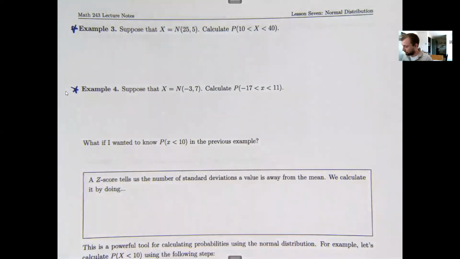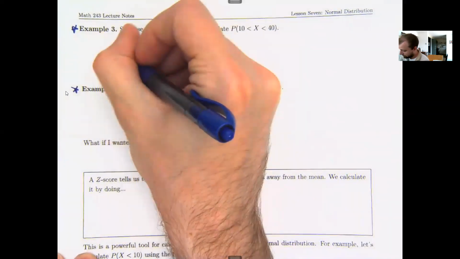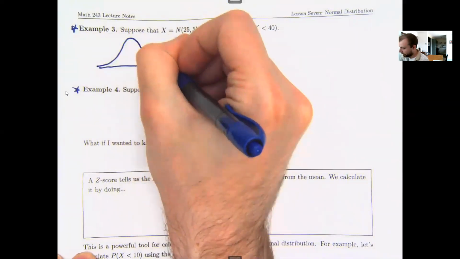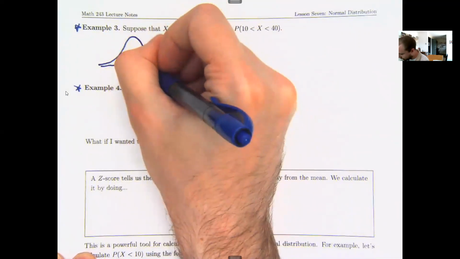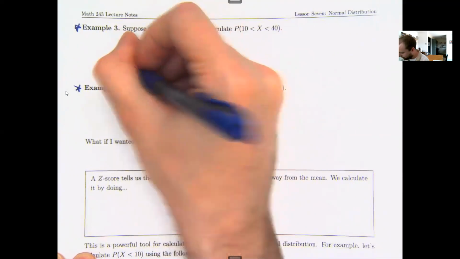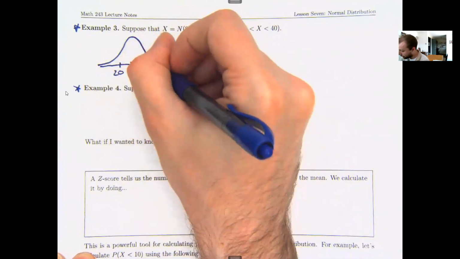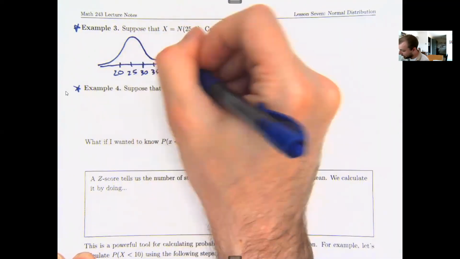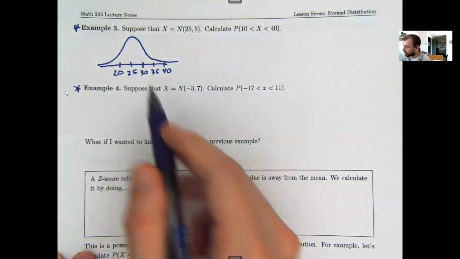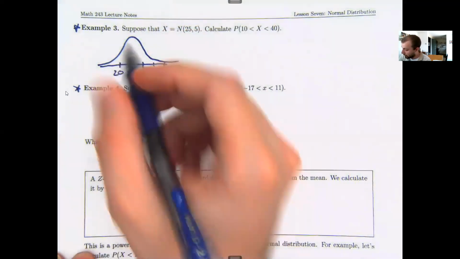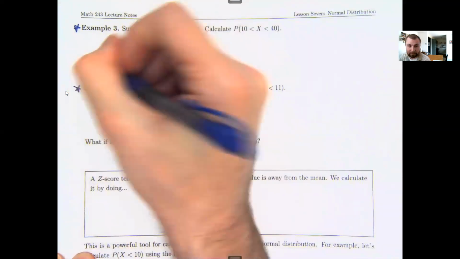Let's take a look. So for this first one, my center is 25. Halfway on the downswing or so is 1 standard deviation away. I'm counting by 5s. So 25, 30, 35, and way up there, I've got 40. Opposite direction, I have 25, 20, 15, and really, really low, I've got 10.